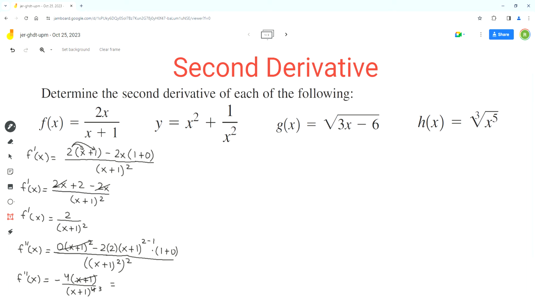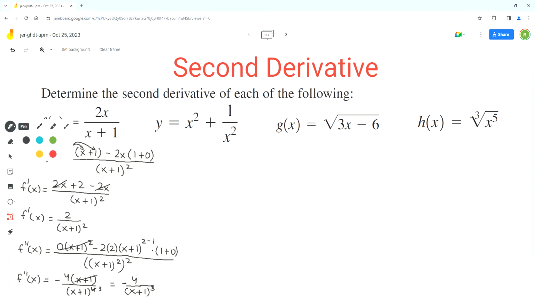So we are left with negative 4 over (x plus 1) cubed. So this should be the final answer for the second derivative of the first function.